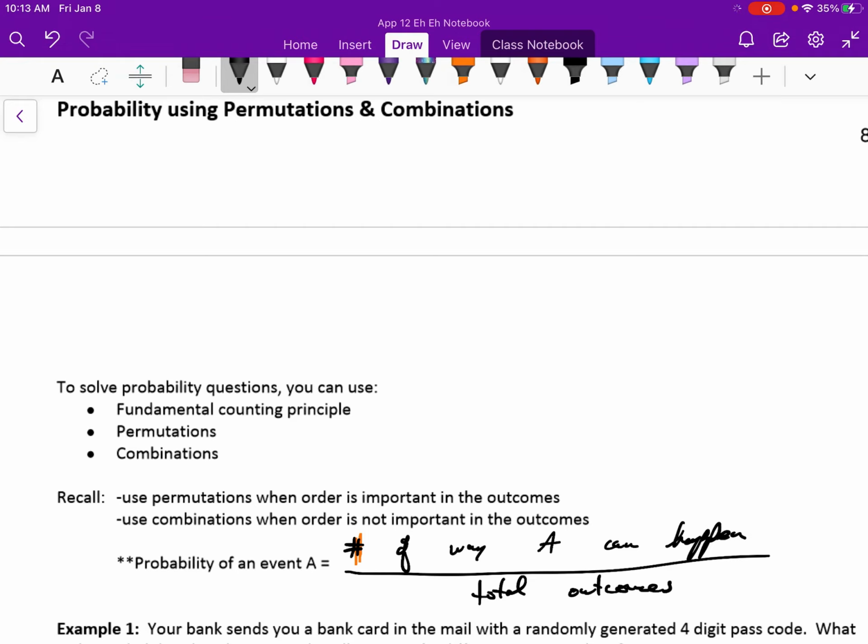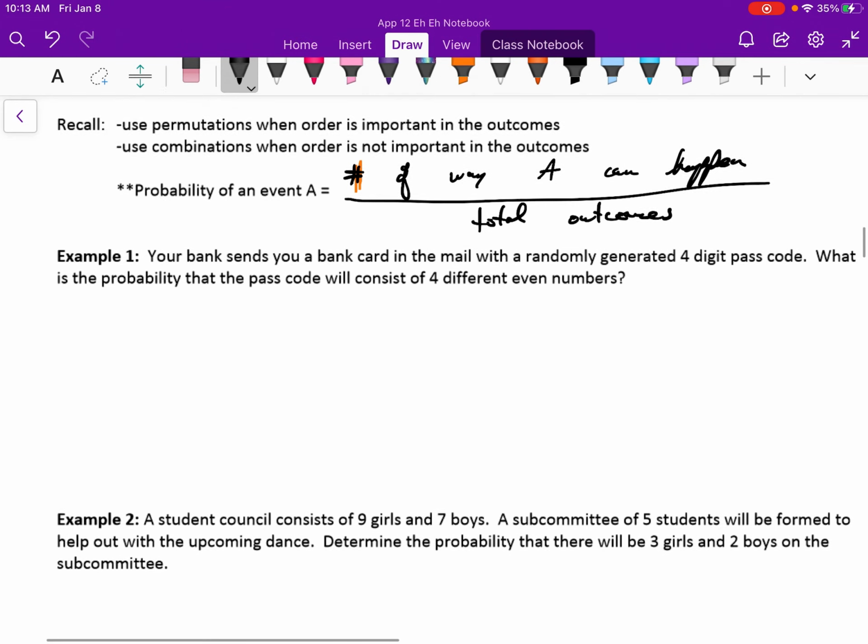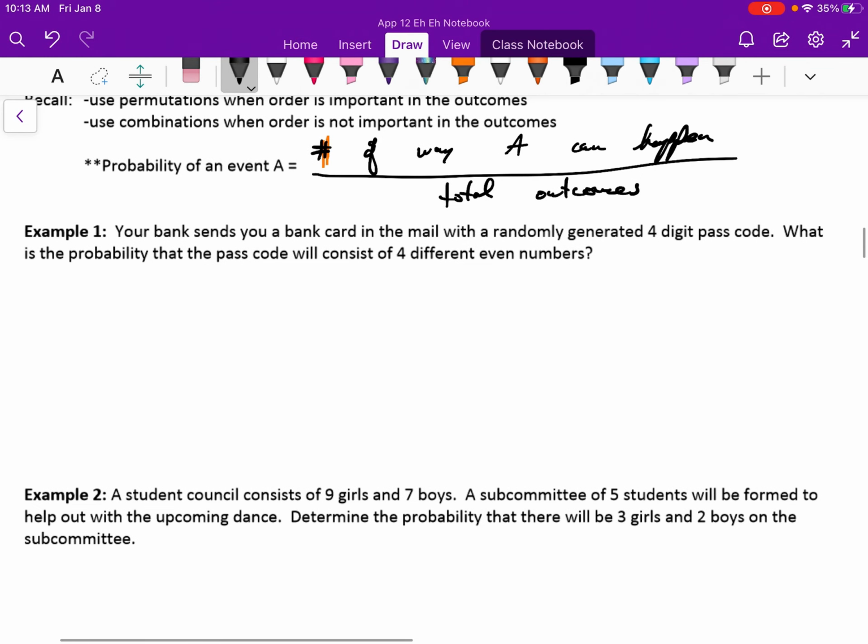All right. Let's go, example number 1. Your bank sends you a bank card in the mail with a randomly generated 4-digit passcode. What is the probability that the 4-digit passcode will be 4 different even numbers?